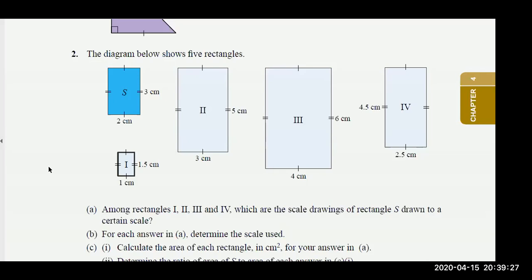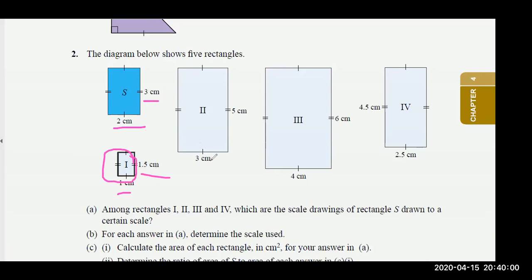So you check one by one. This one is 2, right? This one is 3, right? So use the ratio, right? This one 1 and 1.5, can or not? It means that 2 cm divided by 2 equals 1, 3 divided by 2 equals 1.5. So this one is correct. Right?